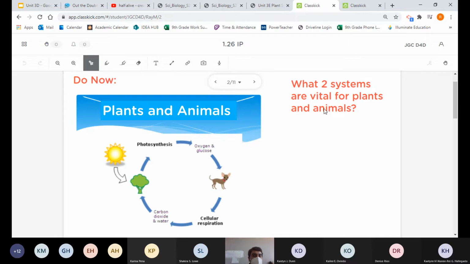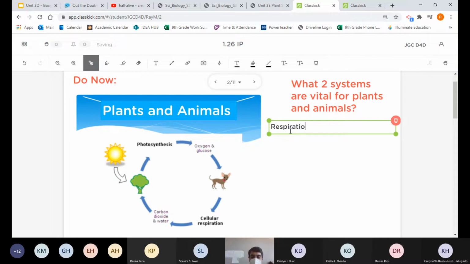What are two systems that are vital for plants and animals? I'll give you a hint. It's in the chart right next to the question. That's true. I guess I should have specified between body systems and just regular systems. But you're not wrong.